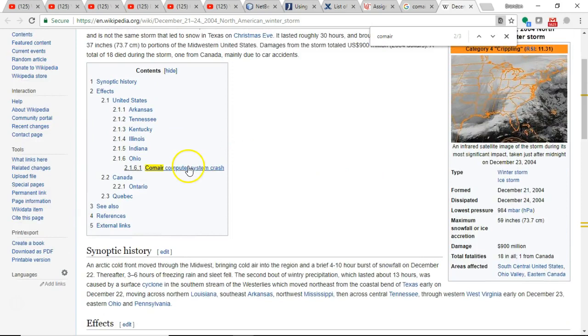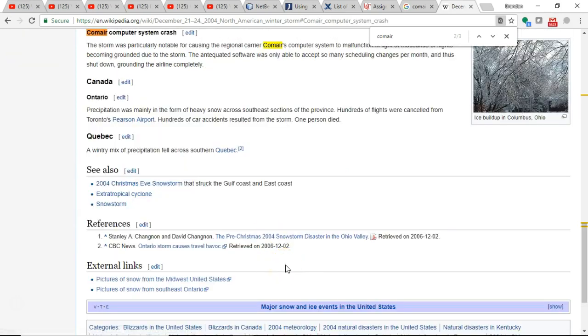But what was interesting was this ComAir computer system crash. ComAir, which is no longer in business now, but at the time, ComAir was a Delta subsidiary that was mostly regional flights, generally out of New York, Cincinnati, and Orlando, kind of the eastern part of the country. And so smaller, kind of 76-seat jets and lower, a lot of 48-seater jets. But once the snowstorm was gone, ComAir was still shut down for several days.